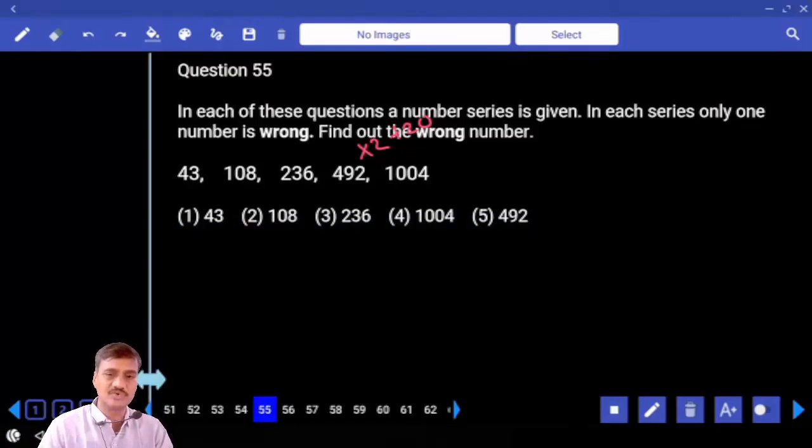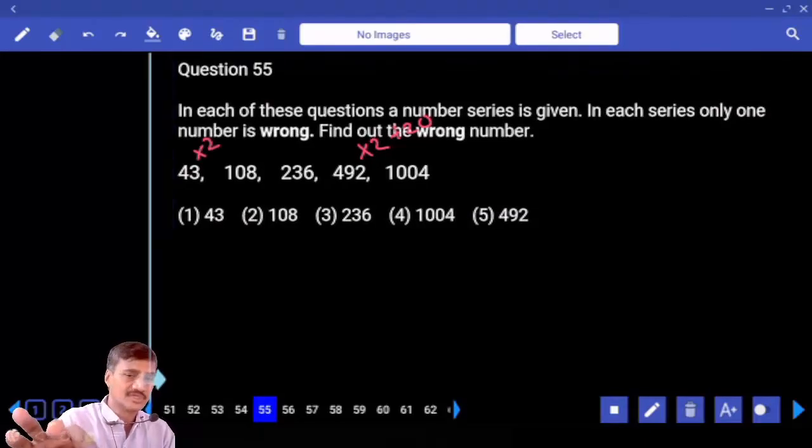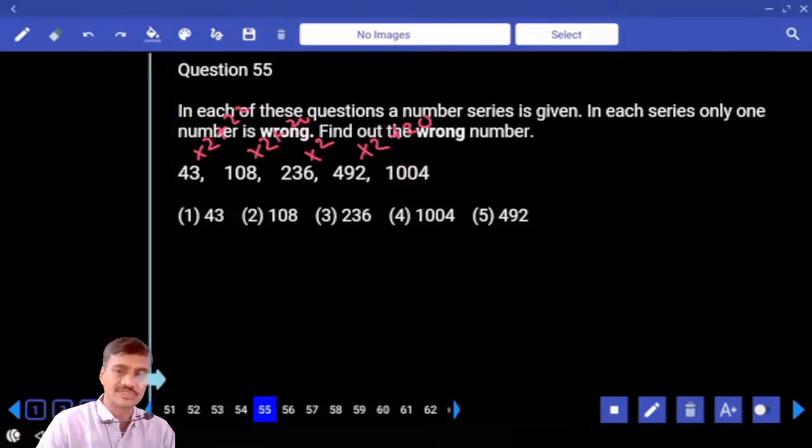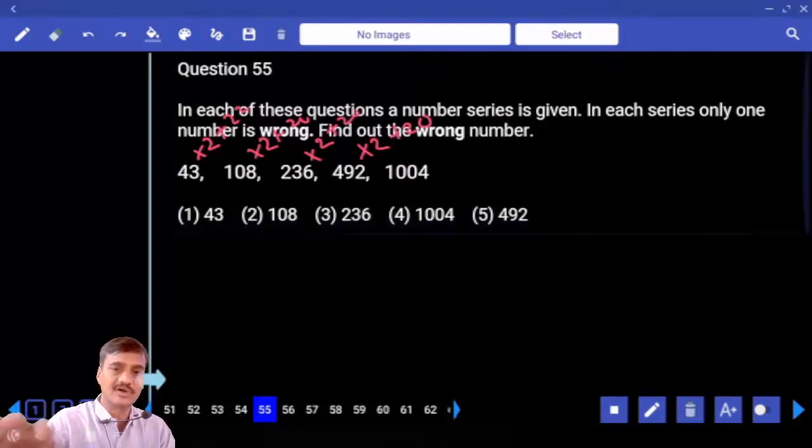236, అది కూడా మనకి into 2 కదా, ప్రతి దగ్గర మనకి into 2నే అవుతుంది. And into 2 అవుతుంది కాబట్టి 43 into 2 how much? 86. 86 plus how much? 14 + 8, 22 కదా. And next one 108 into 2 ఎంత? 216 plus 20. And next one ఇక్కడ ఏమైంది? 236 into 2 and 472 plus 20. Remaining all are into 2 plus 20. ఇక్కడ ఎంత ఉండాలి?